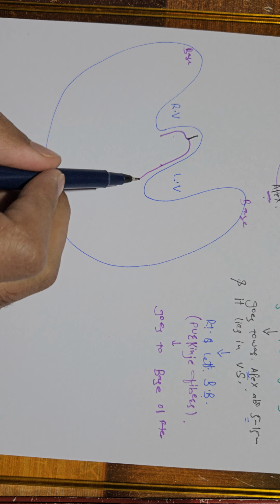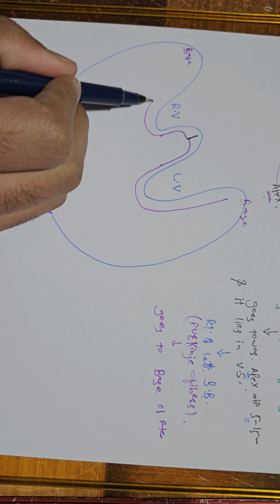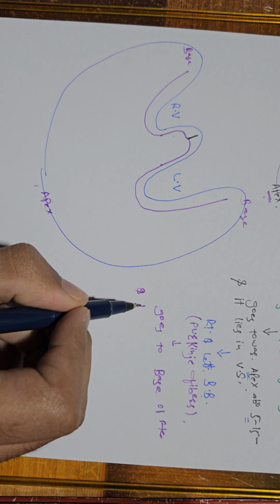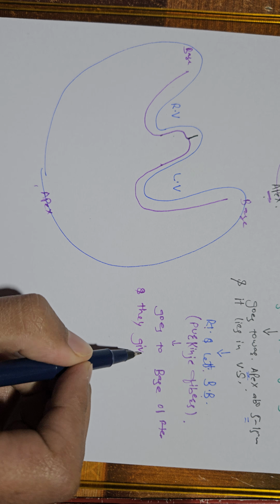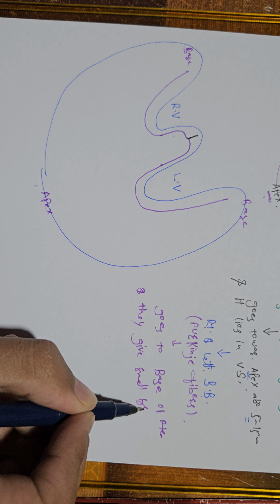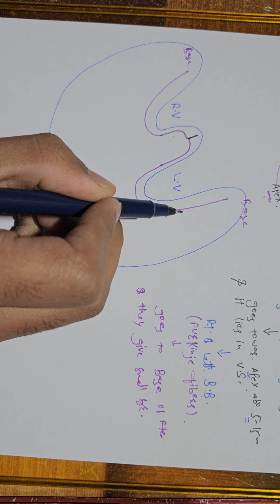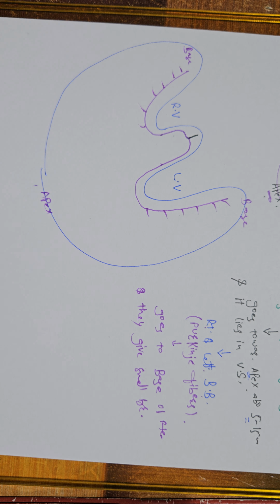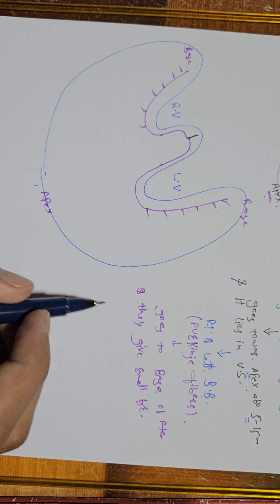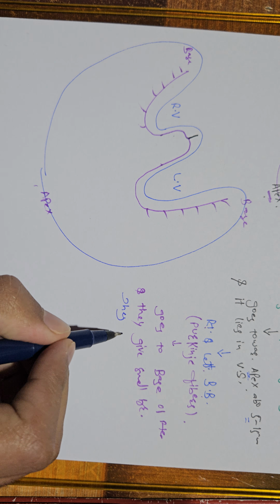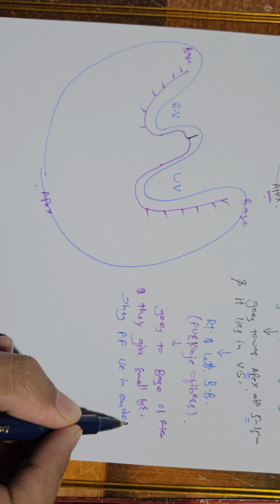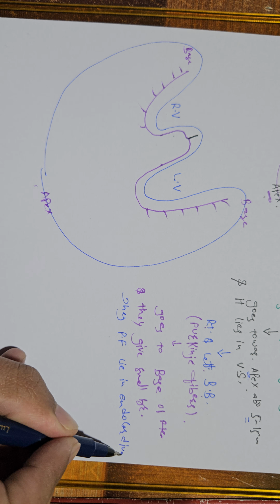So these Purkinje fibers go towards the base of the heart, and while going towards the base, they give small branches. And these Purkinje fibers lie in the endocardium. Now what does this endocardium mean?